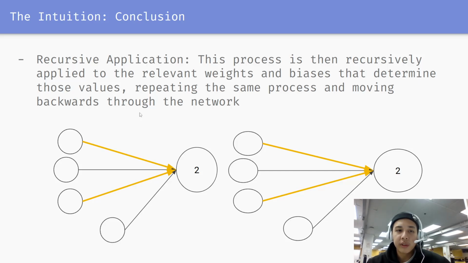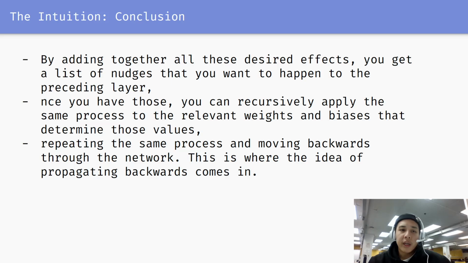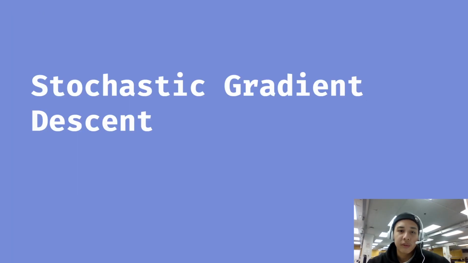It keeps doing this iteratively, and the process is then applied to the relevant weights and biases that determine those values, repeating the same process and moving backwards through the network. By adding all these together, you get a list of nudges of what you want to happen. This is where the idea of backpropagation comes from.